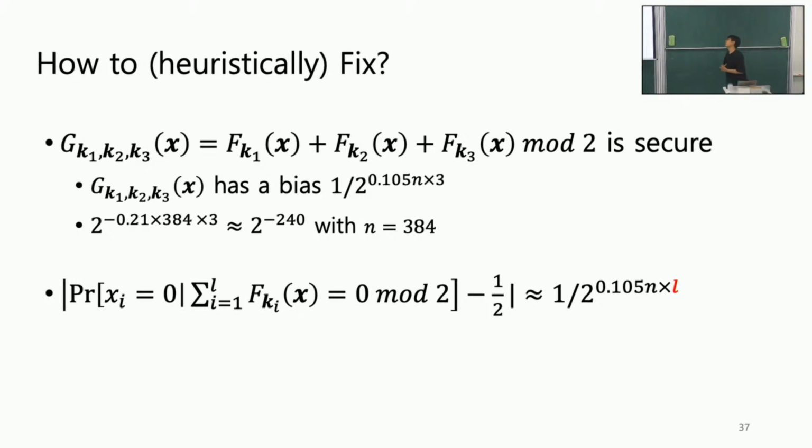So by running experiments, we verified that G has cubic biases. Moreover, we can observe that the bias decreases exponentially according to L when you use L secret keys.